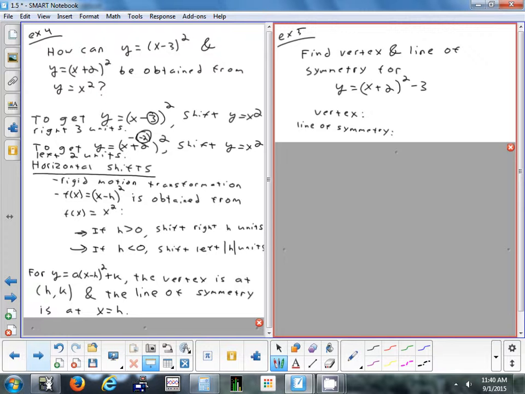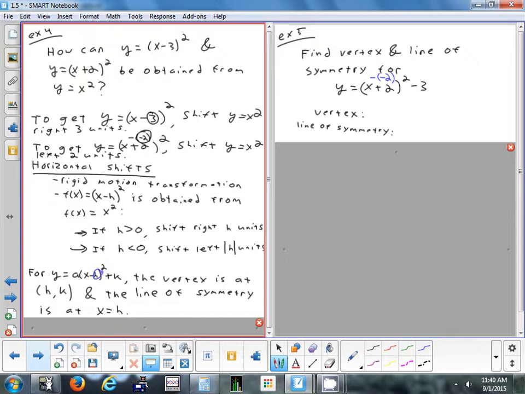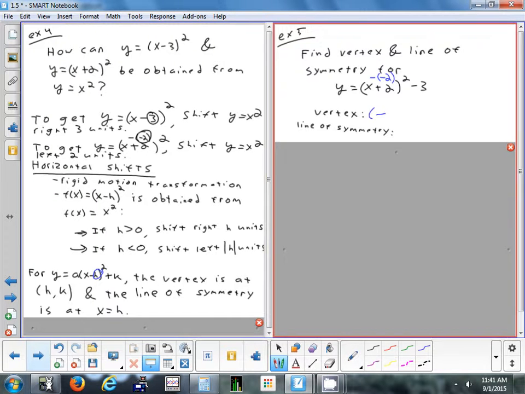Let's think of it that way. Because you always want to focus on what comes after the minus sign when you're inside the parentheses. All right, so John, what comes after the minus sign in this case? -2. Perfect. So you've shifted left 2.